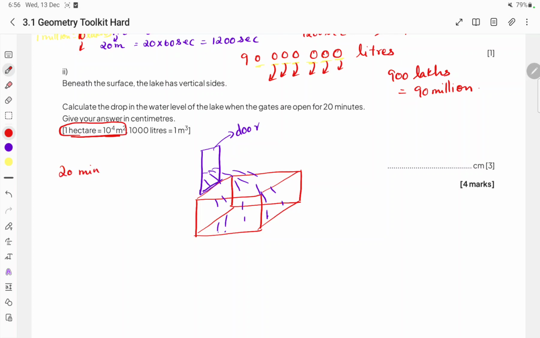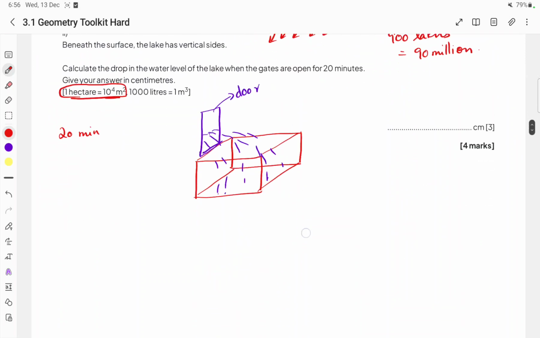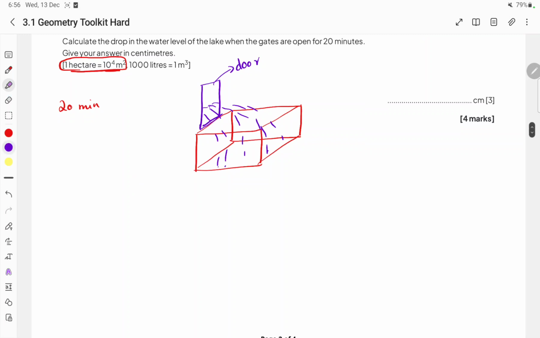The base area, they have already given the base area as 55 hectares. The area of this base part is 55 hectares. And they have given 1 hectare is 10 power 4 meter square.